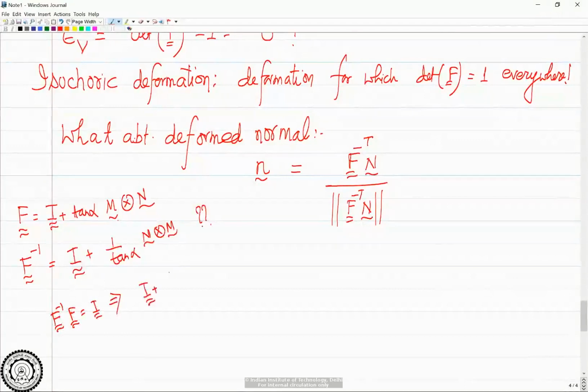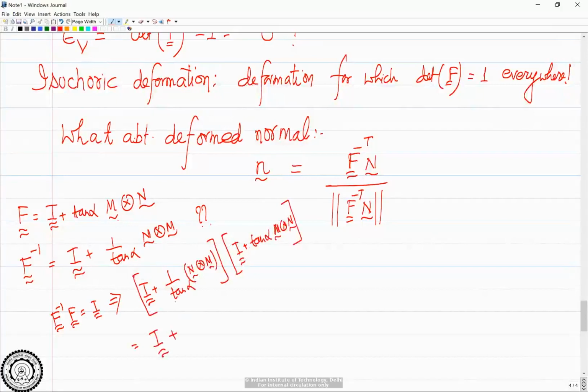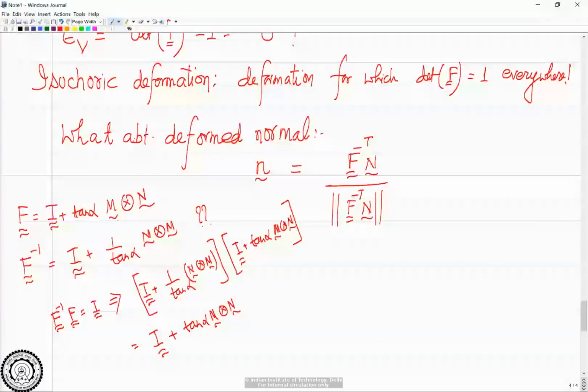Identity plus, I'm just seeing, it may not be the case, plus n tensor product M into identity plus 10 alpha of M tensor product N. Now, when I work this out, I get identity plus identity into this number, which is 10 alpha M tensor product N, and then this number. So it is not the case.